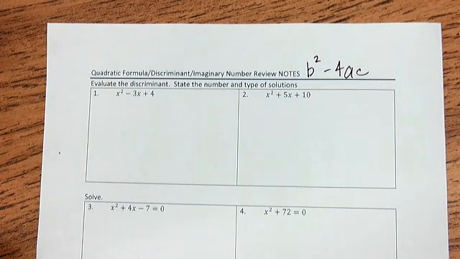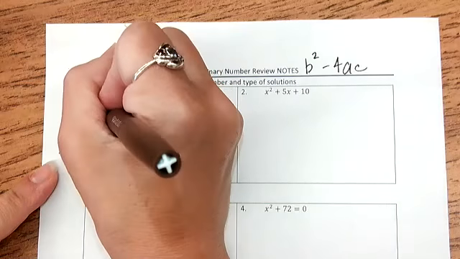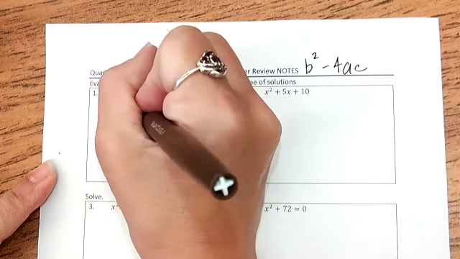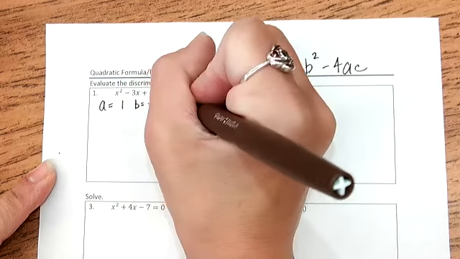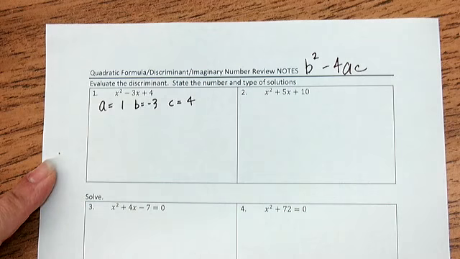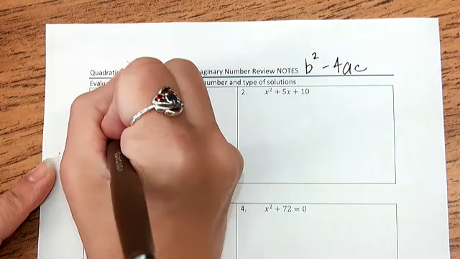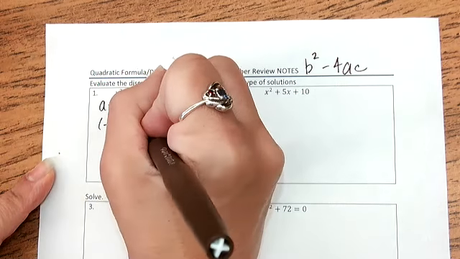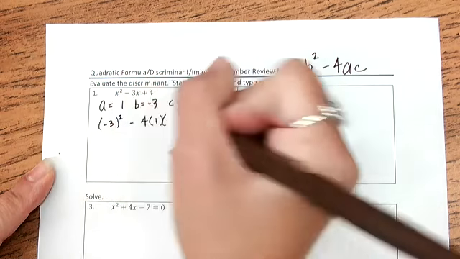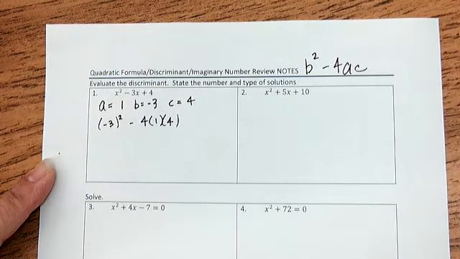So the first two problems, we're just going to evaluate the discriminant. I highly recommend that you identify A, B, and C. You don't have to, but you will make less mistakes. A is 1, B is -3, C is 4. So B, -3 squared, don't forget your parentheses, minus 4, A is 1, C is 4.